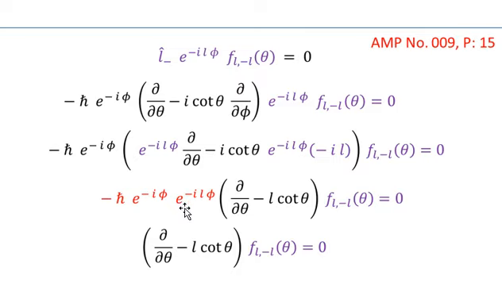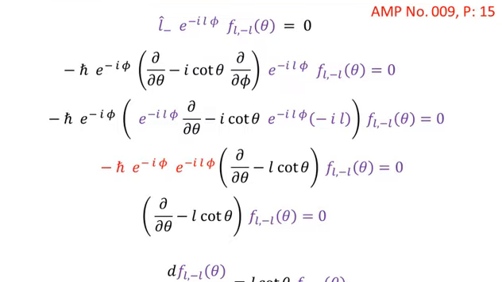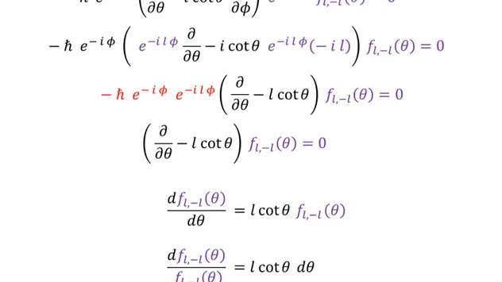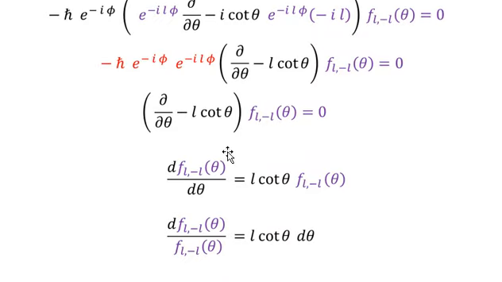These were the common factors in the above parenthesis, and we can remove them because the right hand side equation is equal to 0. So now the equation that we have is the partial derivative with respect to theta minus L times cot theta, and this will be operating on the theta dependent part of the wave function, which is small f L comma minus L.